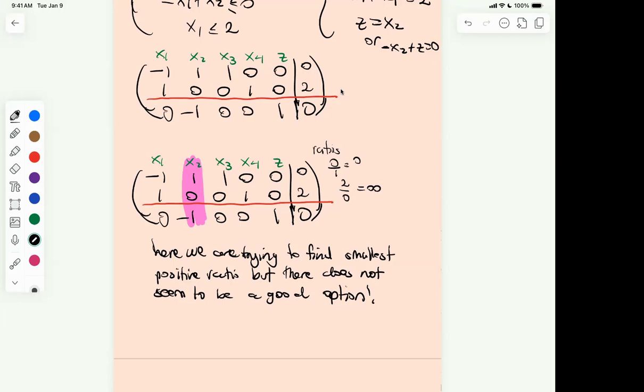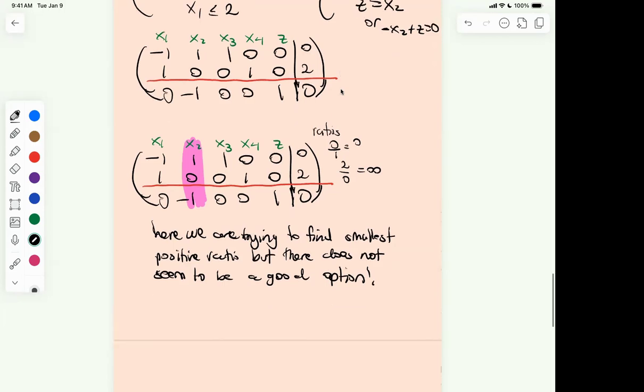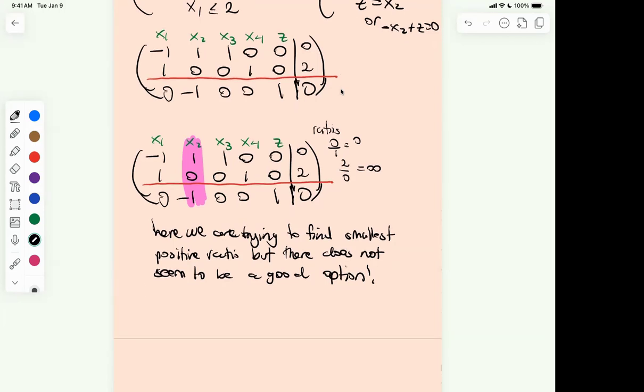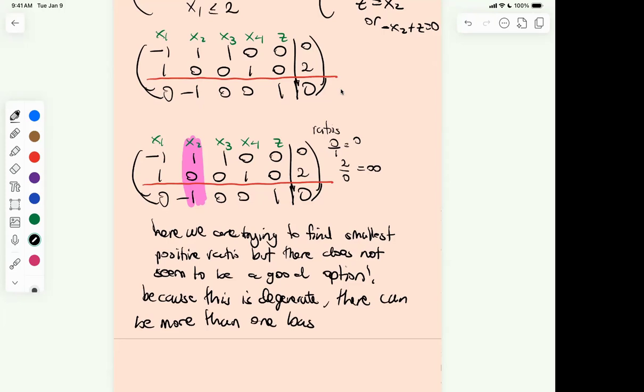So the difference here is that because this is degenerate, there can be more than one basis that corresponds to the same basic solution.